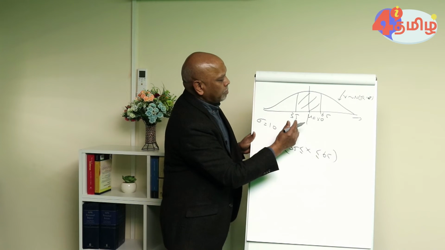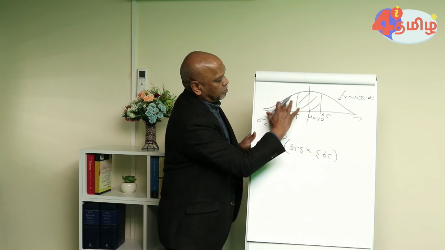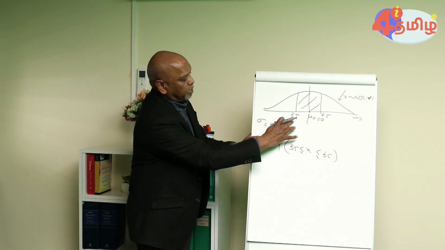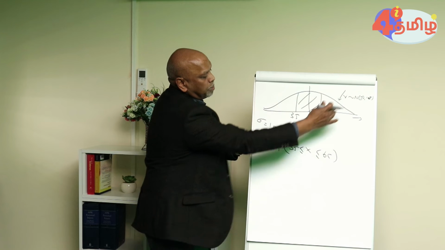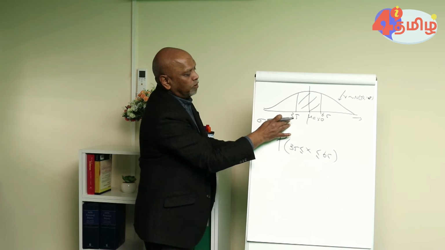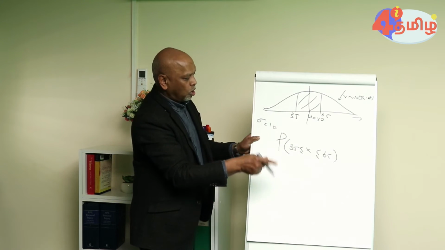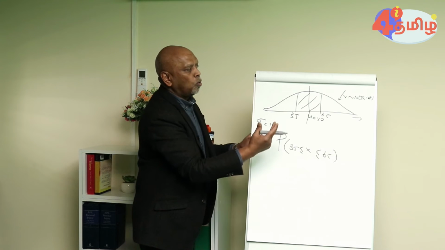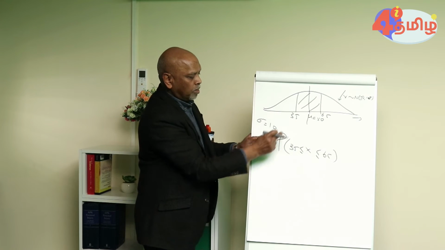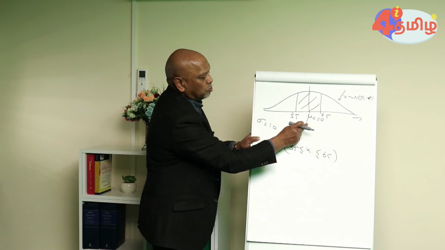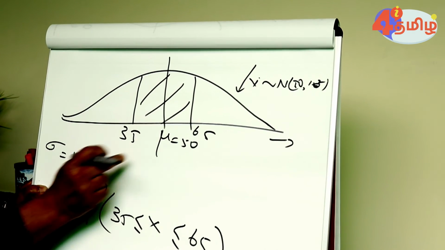One, of course, there's a table there to do it, but we use the calculator. When you use the calculator, this is the upper value, this is the lower value. So when you use the calculator, normal distribution, option 2, it will ask you the lower value, which is 35. It asks what the upper value is, that is 65. It asks what mu is, 50.